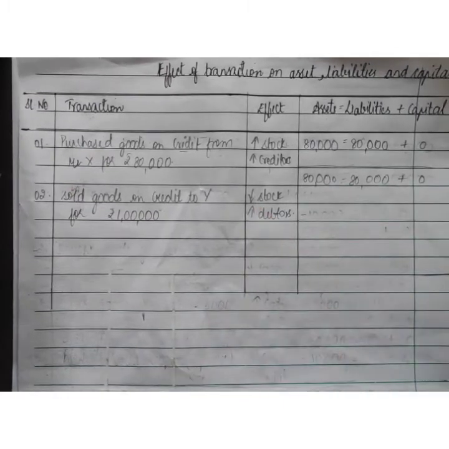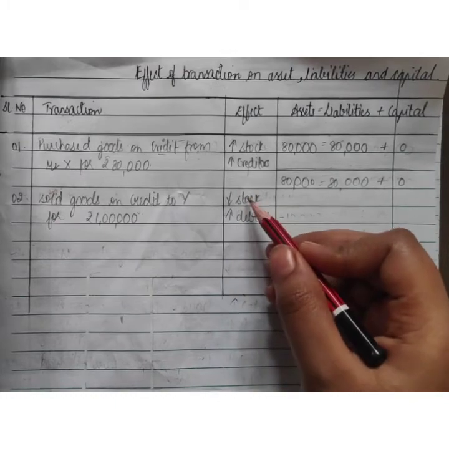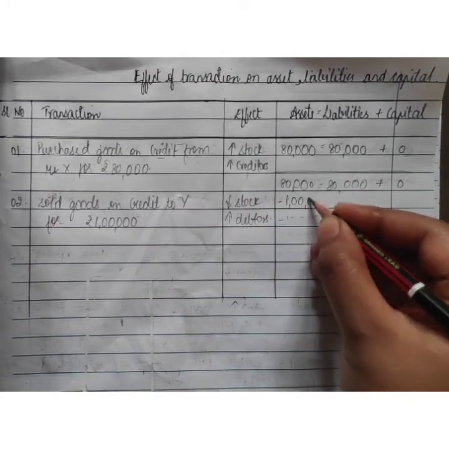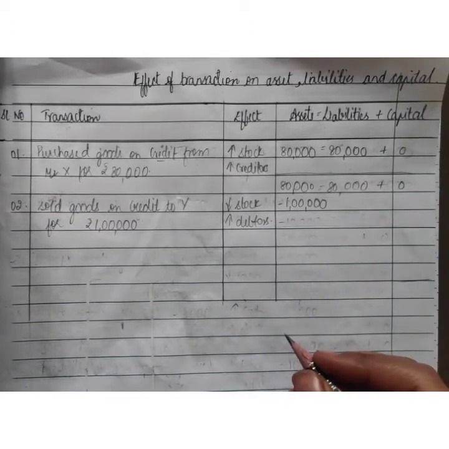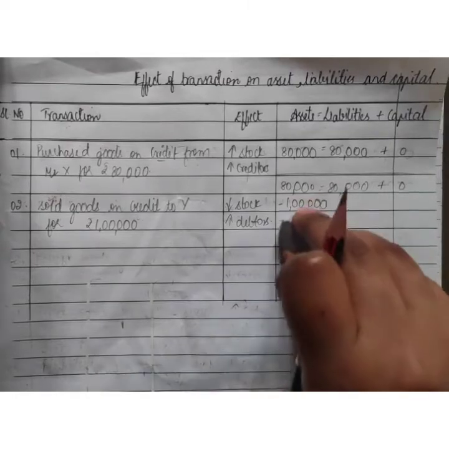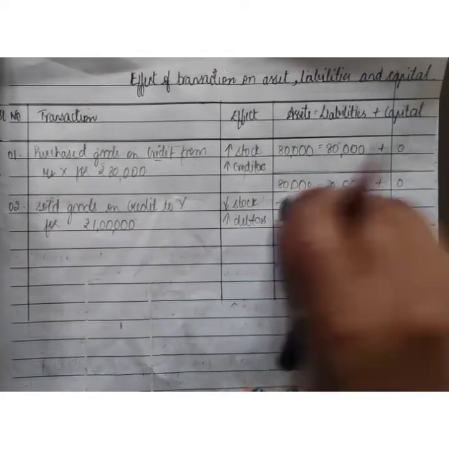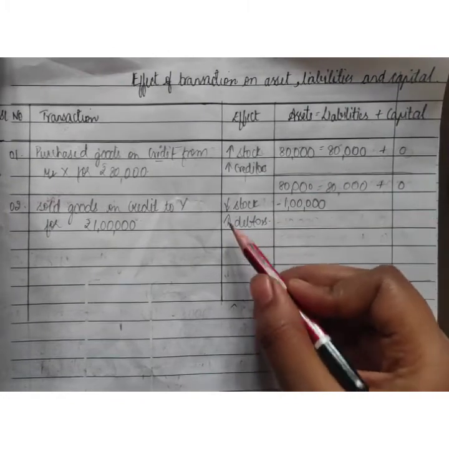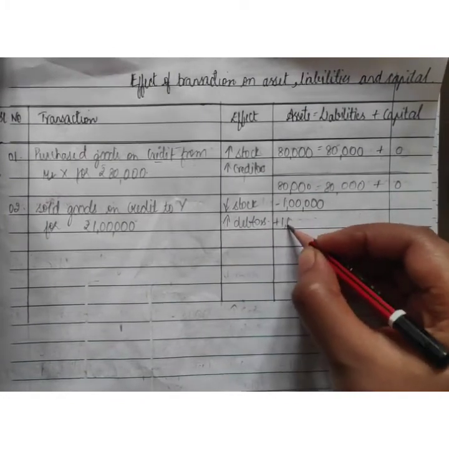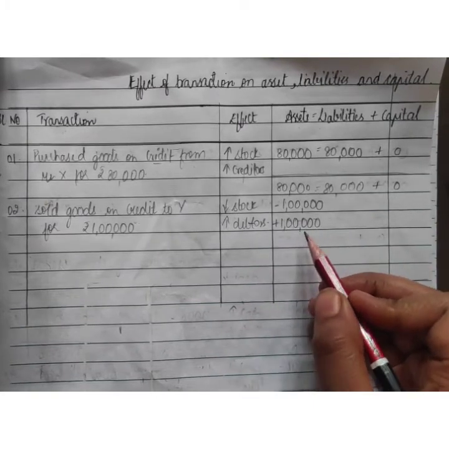So now let's put that into an equation. I told you there is a decrease in stock worth rupees 1 lakh, so I will write minus 1 lakh. Clear? And I also told you that our debtors should give us something, so there is an increase in debtors, so I will write plus 1 lakh because we have to receive it, right? We have to receive this 1 lakh one day or another.